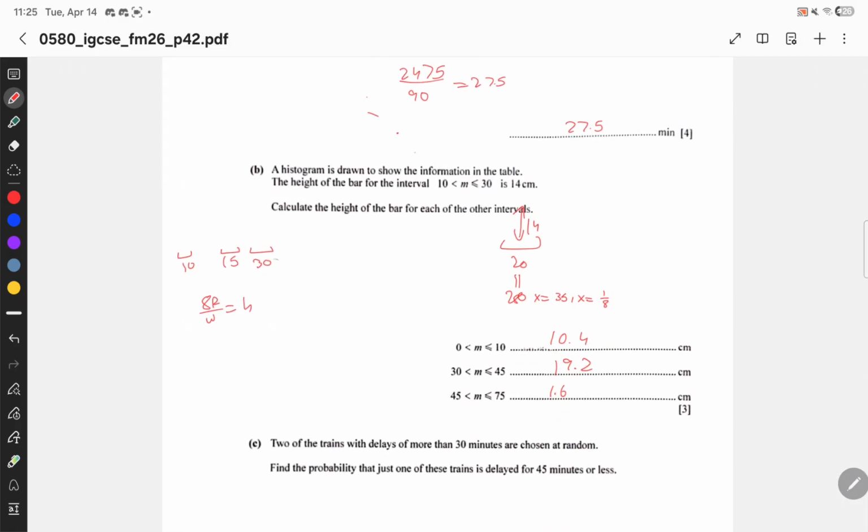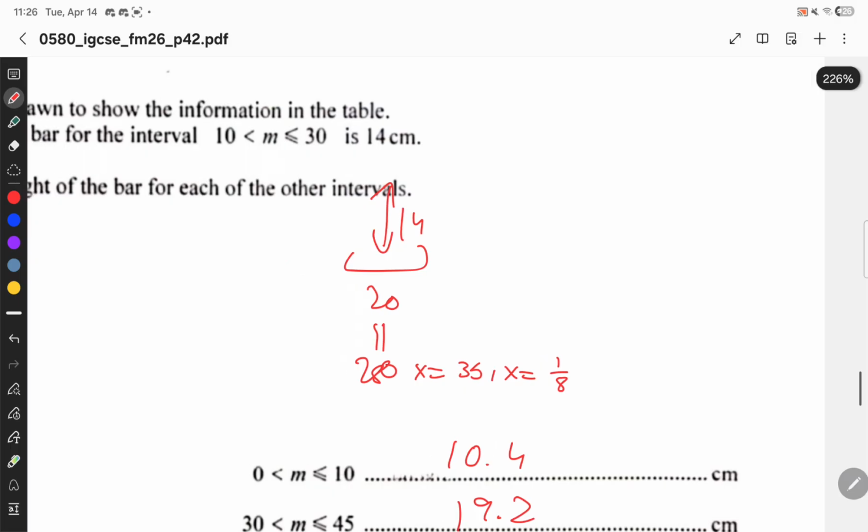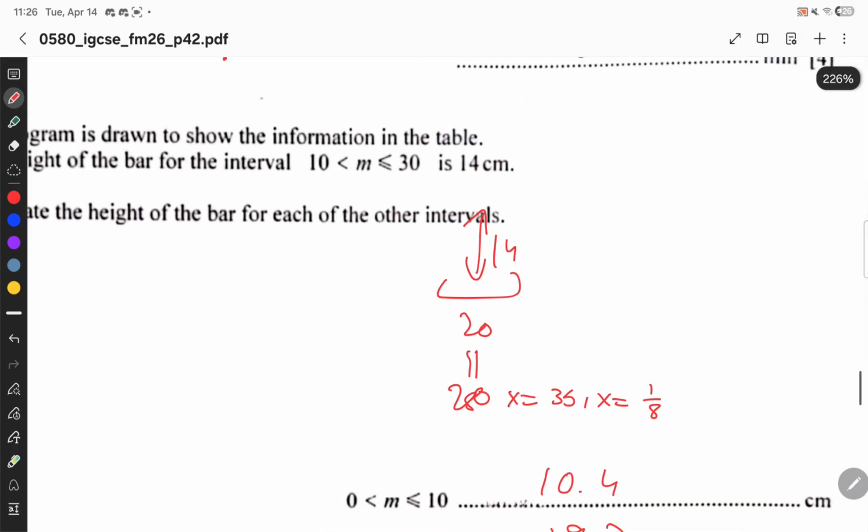Okay, so let me recap. How did I know that this is the work we have to do? I noticed that the width is 20 and the height is 14, and the area of this is 280. Now in a histogram it should represent frequency in some way or another, so I related this to frequency.